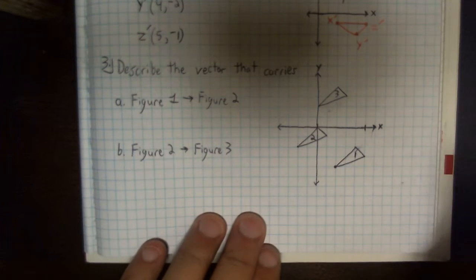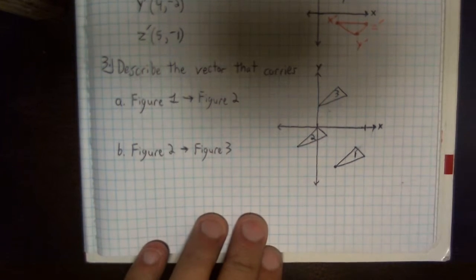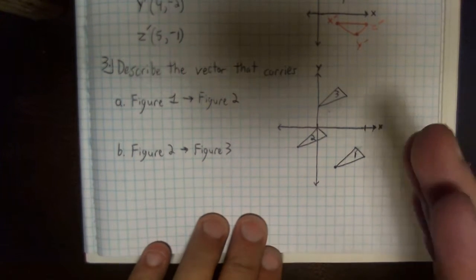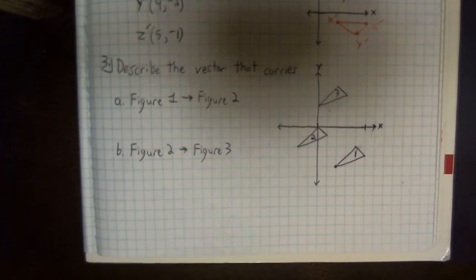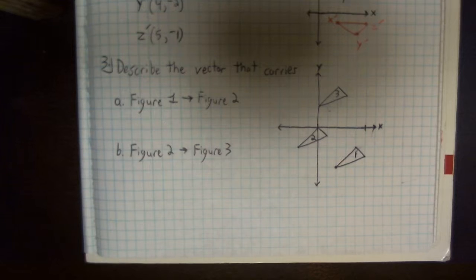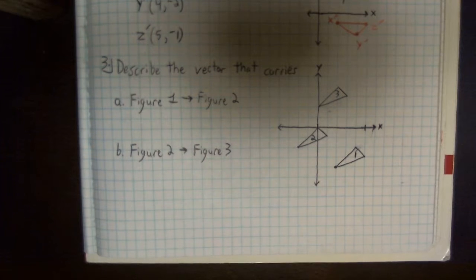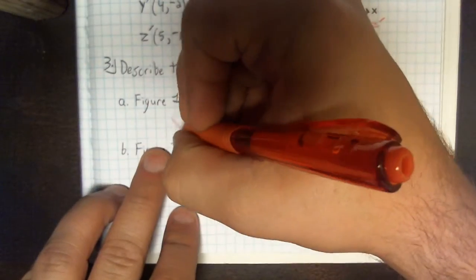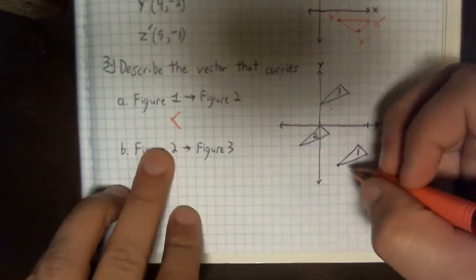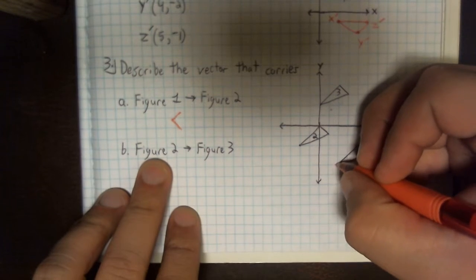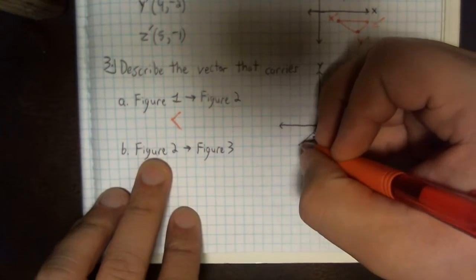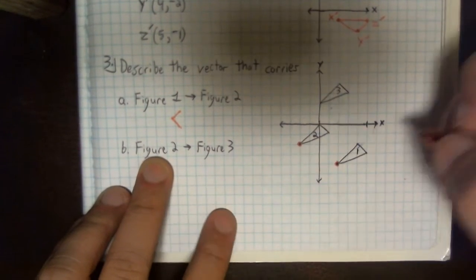Okay? When we do counting, we want to make sure that we follow the x, y directions like we would with plotting a point. What I mean by that is this. I want to count my x direction first, because that's going to be the first coordinate of my vector. So, to go from 1 to 2, I'm going to highlight a point on 1 and highlight the same point on 2.